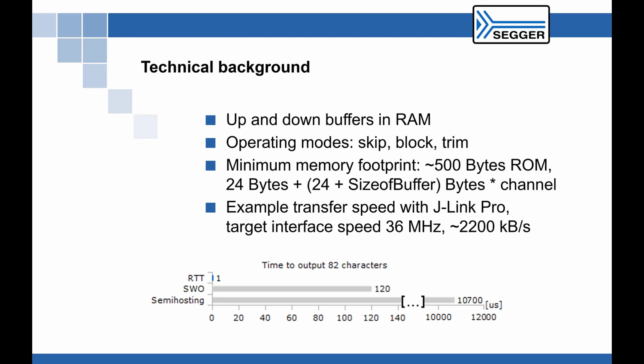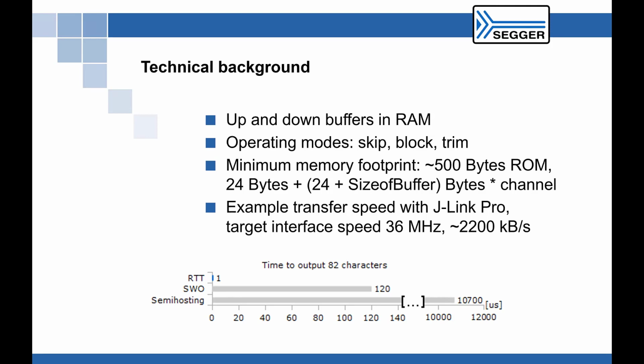And on the bottom, you see a little graphic, which you can also find on our website, which compares all these different IO types with similar setups. Here we measured the time that the target application wastes to output 82 characters. If you use RTT, it's about 1 microsecond. If you use one of the other implementations I showed, you see that they're in a completely different league and much, much slower.